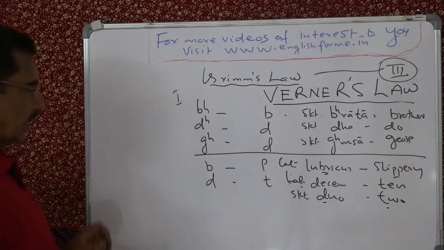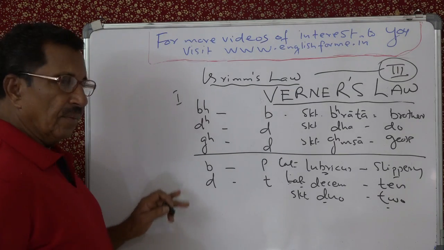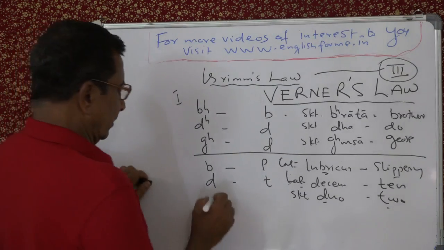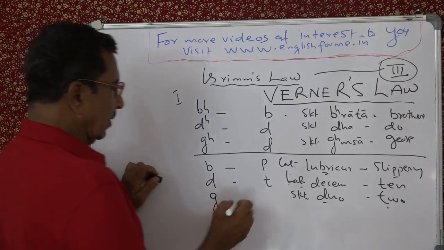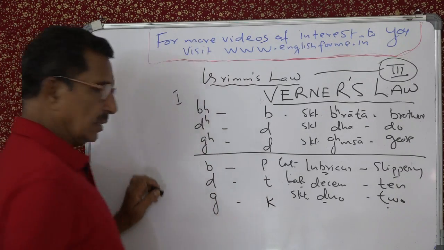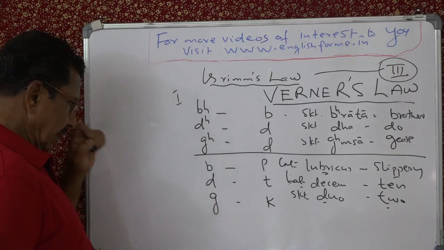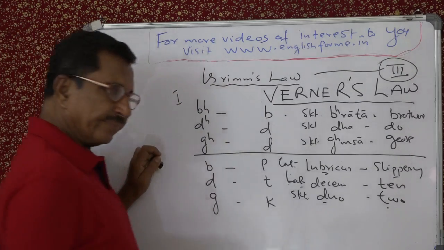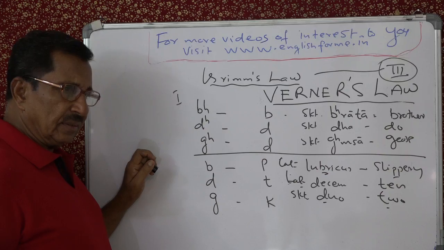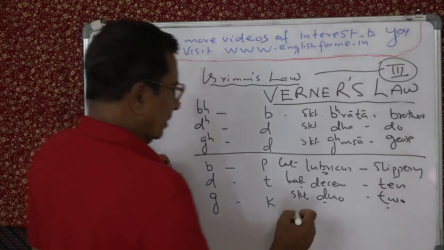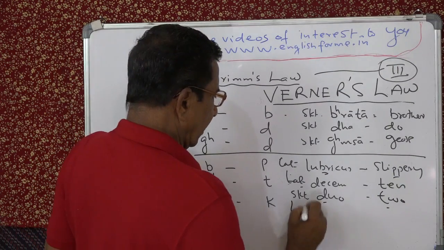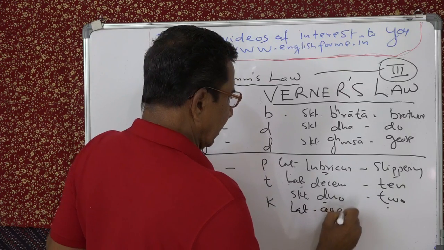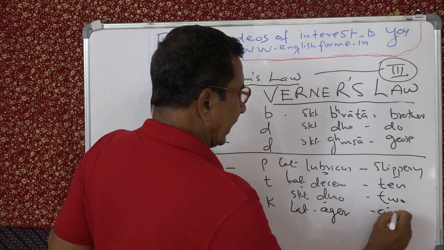And then third is g, voiced plosive becomes voiceless plosive k, and we have an example. Example we have is ager, that is Latin again. Ager means field, and it is English acre.